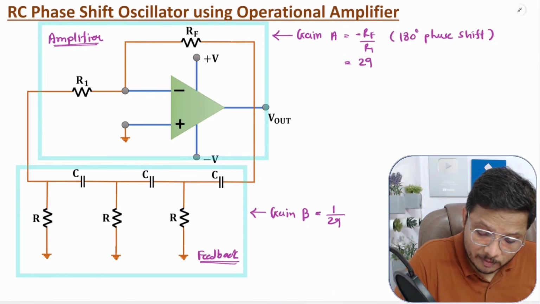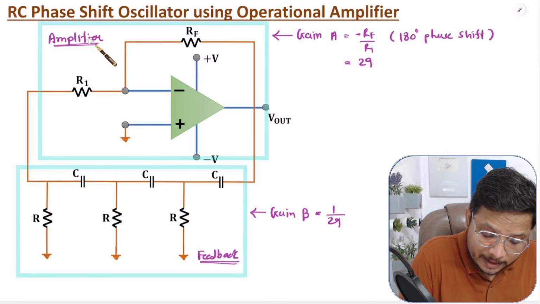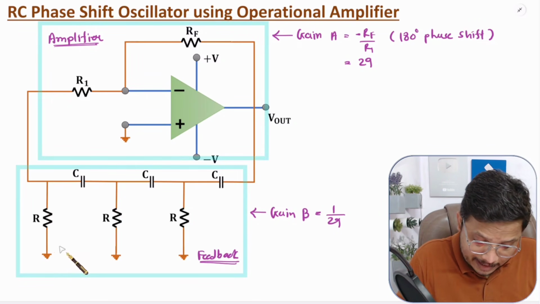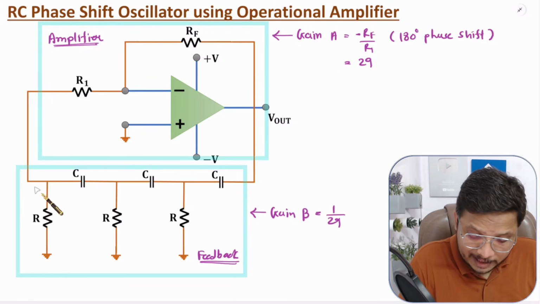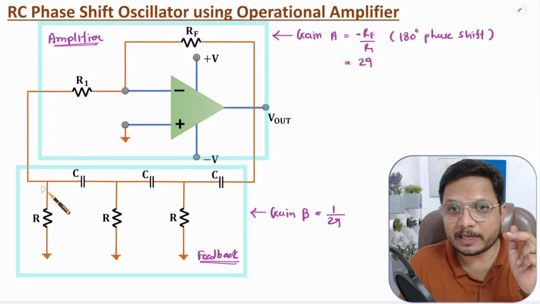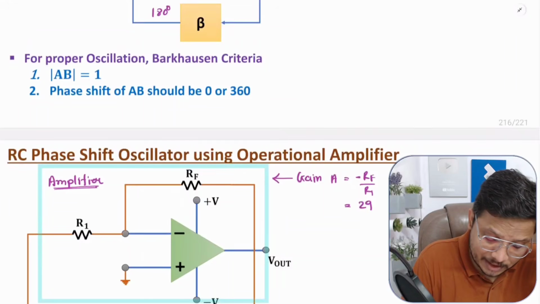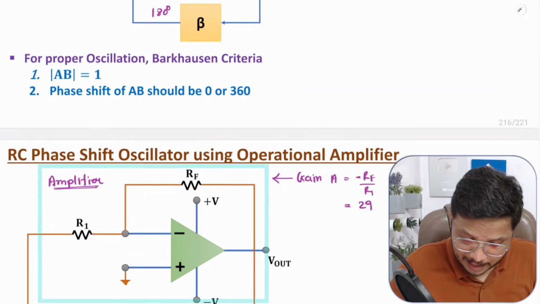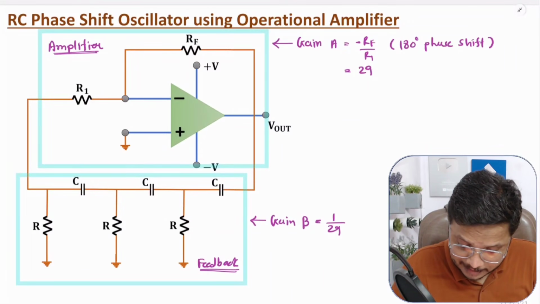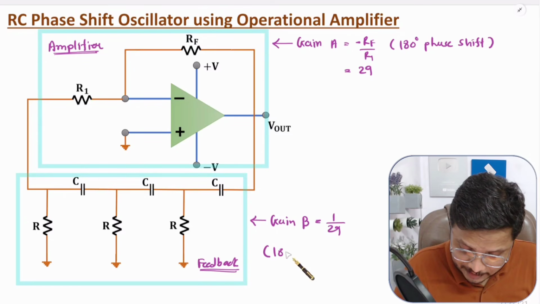The reason is that a 180 degree phase shift is provided by this amplifier, and if this feedback also provides a 180 degree phase shift, then 180 plus 180, that means a 360 degree phase shift, will be there. That is the basic condition for oscillation, right? So this feedback circuit will also provide a 180 degree phase shift.